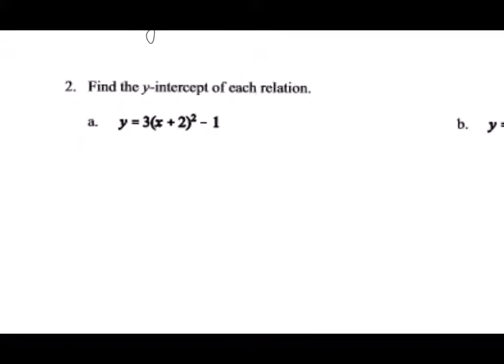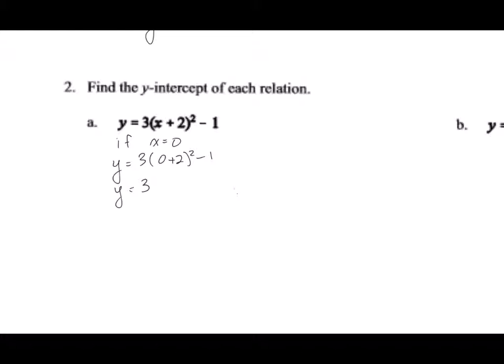Now, this next one asks us to find the y-intercept of the relation. There are 2 ways to do this. I could have taken this equation and expanded it. But another way of doing it is just simply letting x equal 0. So if x equals 0, then we have 3 times 0 plus 2 all squared minus 1.